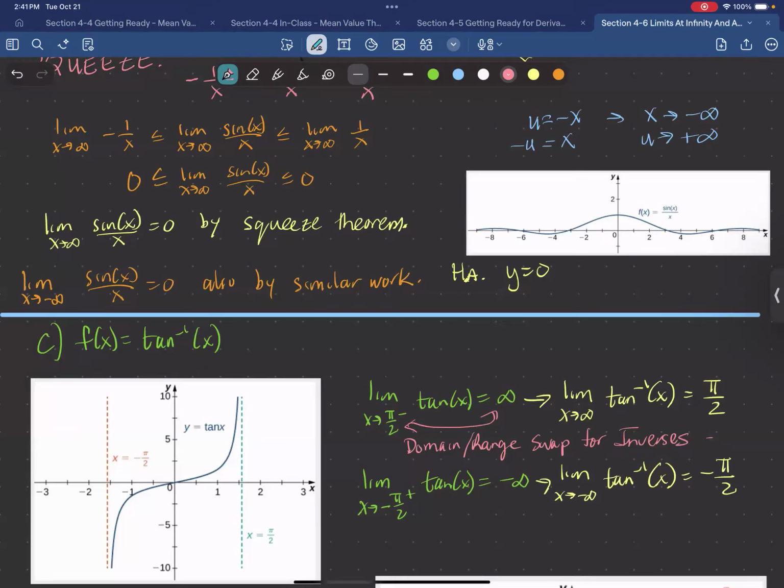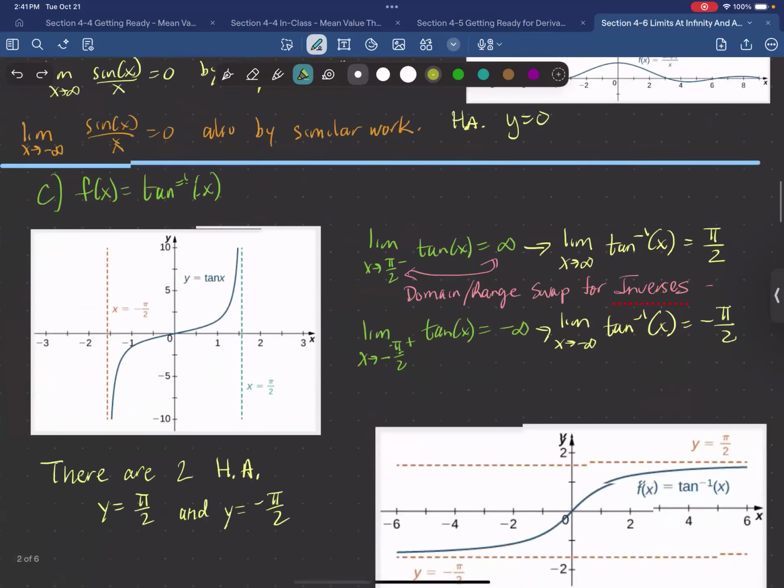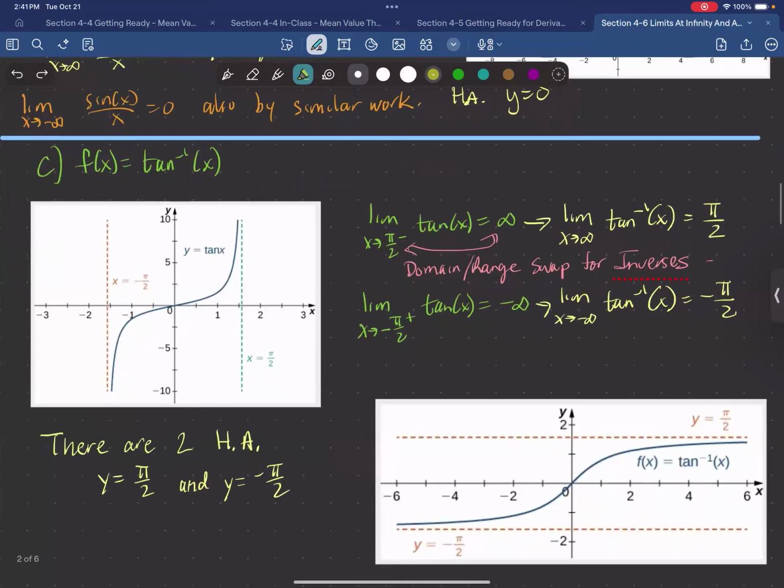And if we look at it going to negative pi over 2, we see it's going to negative infinity, so we get the same thing there. If we look at the graph of tangent inverse, we see this. There are actually two horizontal asymptotes, y equals pi over 2 and y equals negative pi over 2. It's kind of crazy. So sometimes there are differences. This is not a piecewise function, it's just that in some cases it's different.